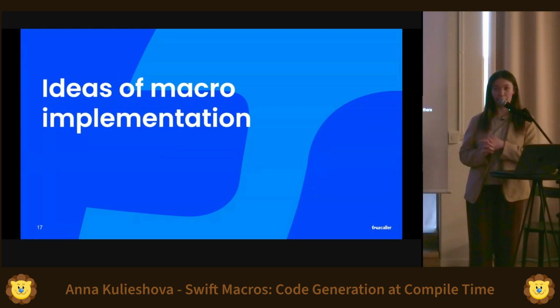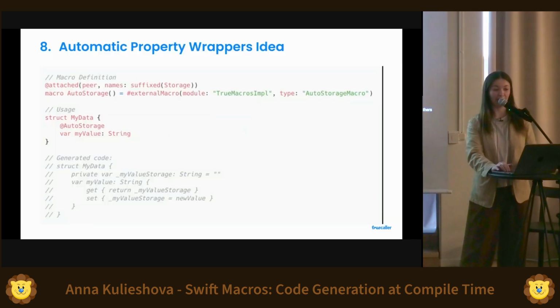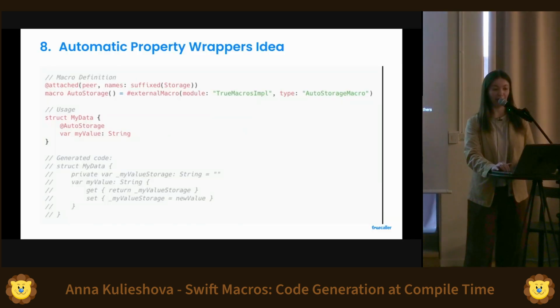So yeah, this technology has huge potential, and I've been thinking about what we can use macros for. One of the ideas is maybe we can make automatic property wrappers, the thing that I'm playing around with now.